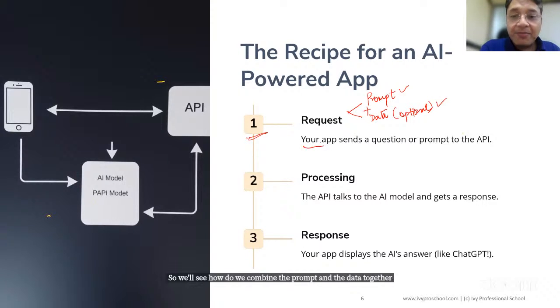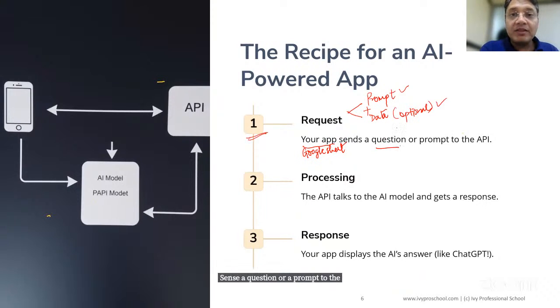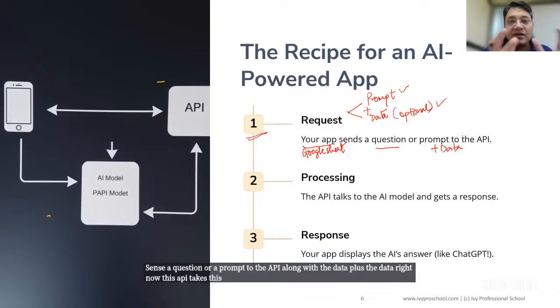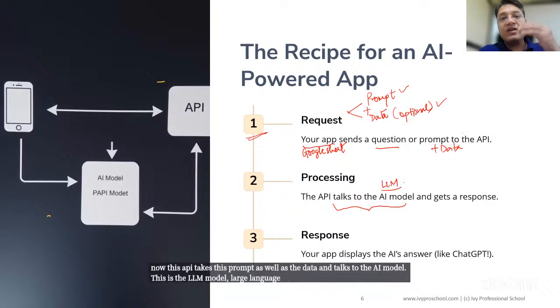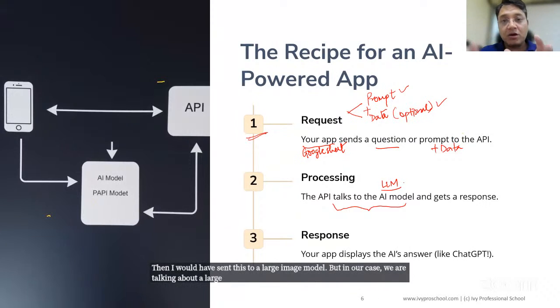So my app, in our case it is Google Sheet, sends a question or a prompt to the API along with the data, right? Now this API takes the prompt as well as the data and talks to the AI model. This is the LLM, large language model. If I wanted to create an image, I would have sent this to a large image model. But in our case, we are talking about a large language model.